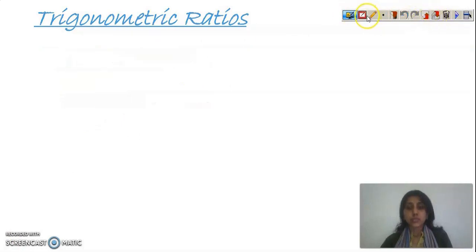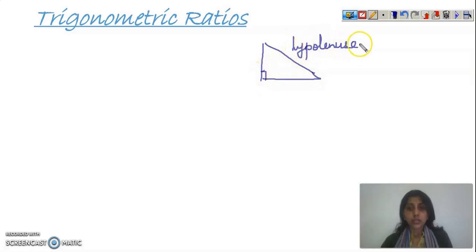When we talk about a right angle triangle, we have some special names in association with the trigonometric ratios. Suppose we have this right angle triangle. This is the right angle, and the side opposite to it is known as the hypotenuse.